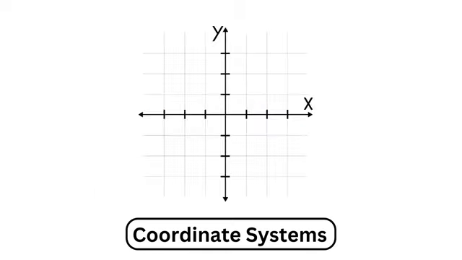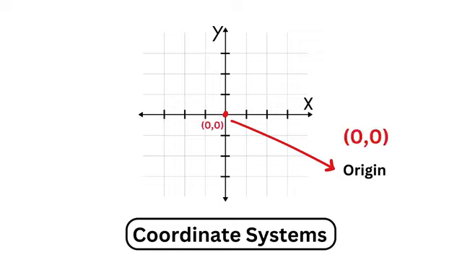The coordinate plane is like a giant grid with a horizontal line called the x-axis and a vertical line called the y-axis. The origin is the starting point of the coordinate plane, where the x-axis and y-axis meet. It is written as (0, 0) because both x and y have their values as 0 at this point, where we first write the x value and then the y value separated by a comma.